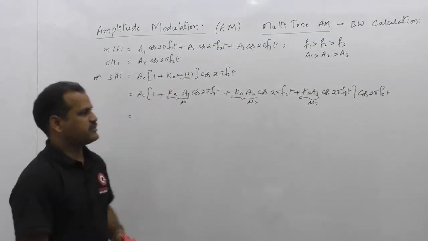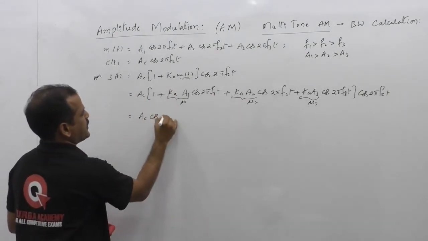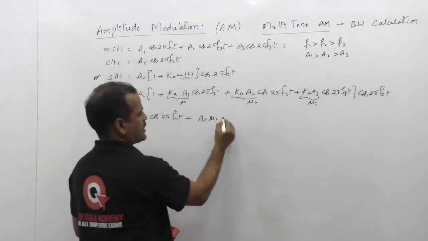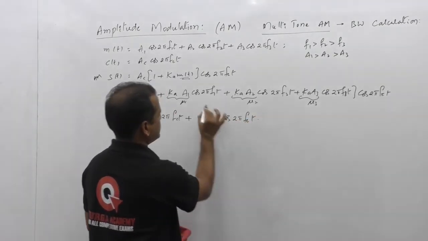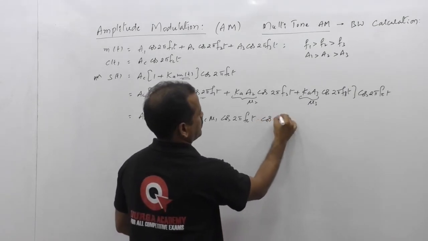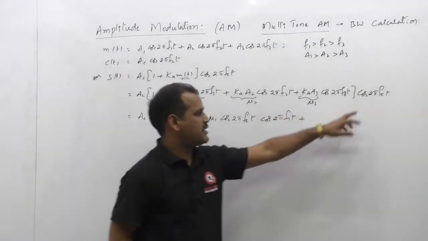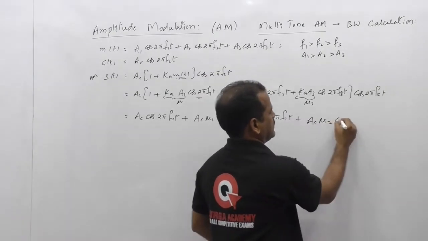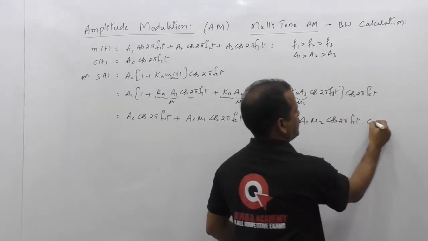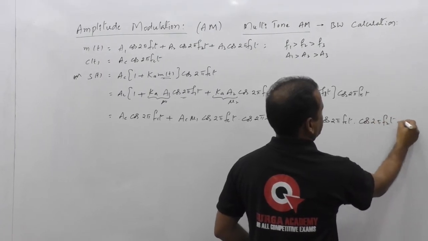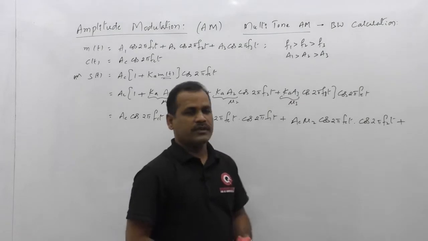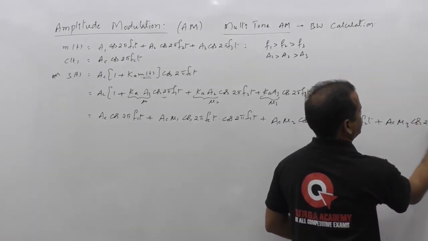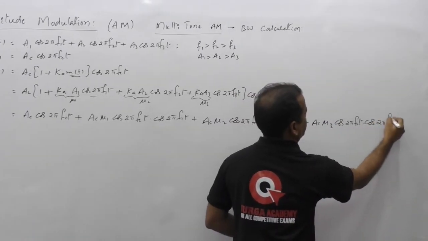Let us consider now this expression simplified as AC cos 2 pi fct as the first term, and then AC mu1 cos 2 pi fct multiplied by cos 2 pi f1t, and then AC mu2 cos 2 pi fct multiplied by cos 2 pi f2t, and then the third term, AC mu3 cos 2 pi fct multiplied by cos 2 pi f3t.